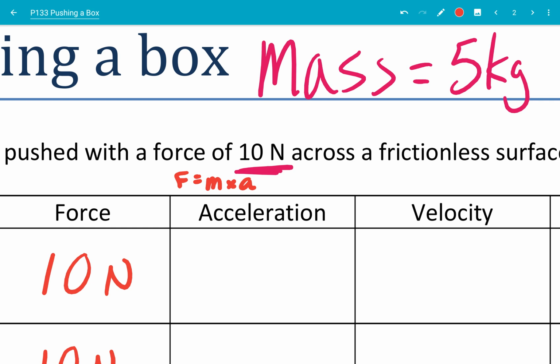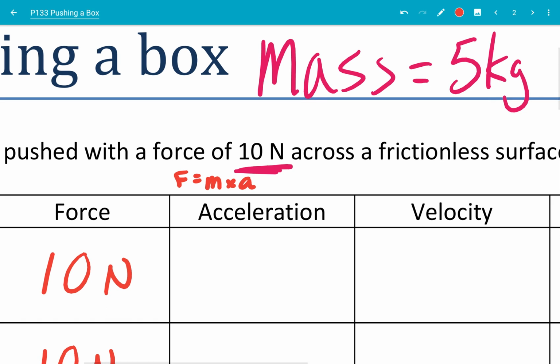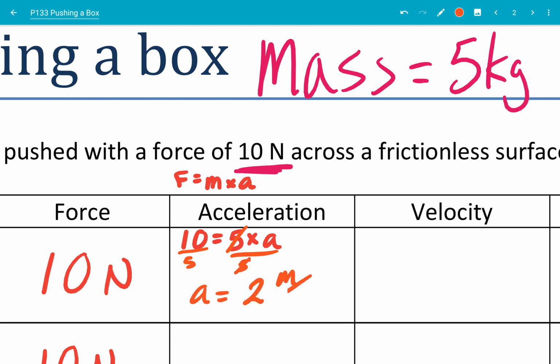So the equation ends up looking like this: 10 equals 5 times a. And then we're going to solve for a. To do that, we'll just divide both sides by 5. And we get an acceleration of 2. So our acceleration is 2 meters per second squared.